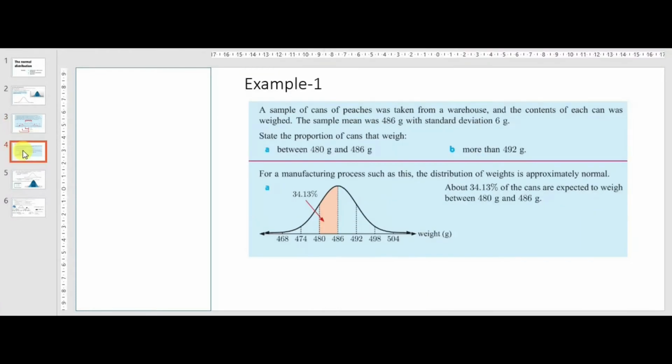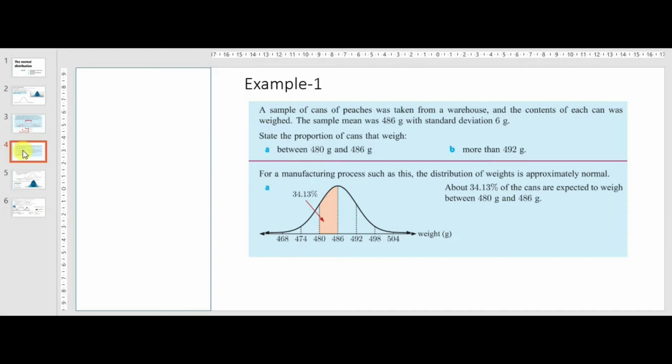Okay, the first example. A sample of cans of peaches was taken from a warehouse, and the contents of each can was weighed. The sample mean was 486 grams with a standard deviation of 6 grams. State the proportion of cans that weigh between 480 grams and 486 grams.